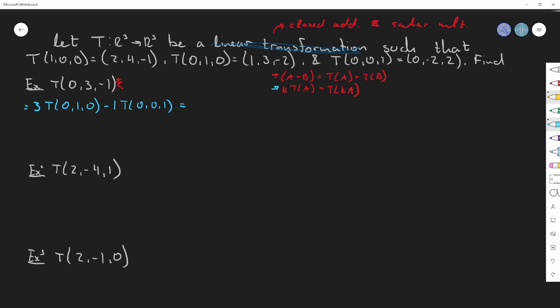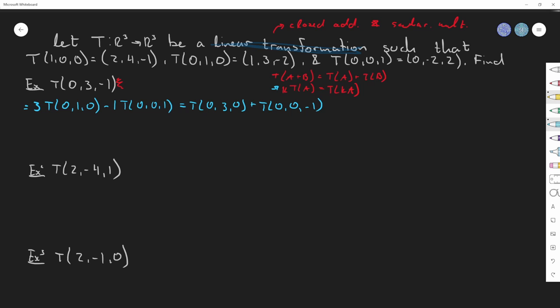Because this is a linear transformation, this is equal to T of (0, 3, 0) plus T of (0, 0, -1).